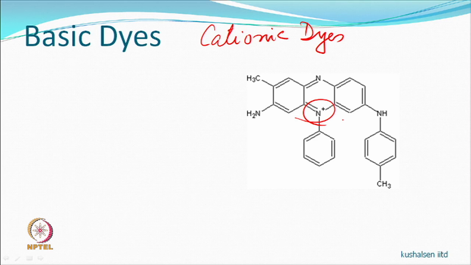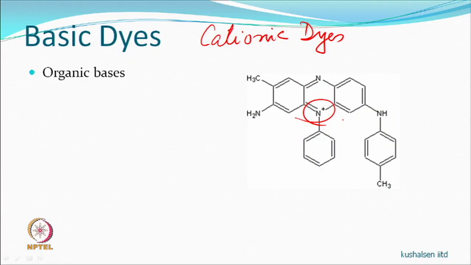Initially these dyes were used for cotton, cellulosic fabrics as well, using a different kind of mordant, but mostly they are going to be used for printing acrylic fibers or fabrics. They are called basic dyes because they are bases. The acid dyes were called acid dyes because they are acids. Because they are bases, they can interact with an acid, all right. That is an important part.